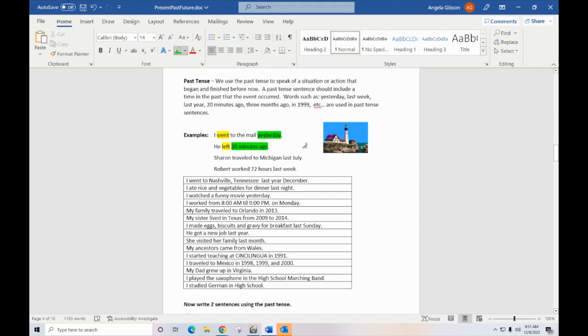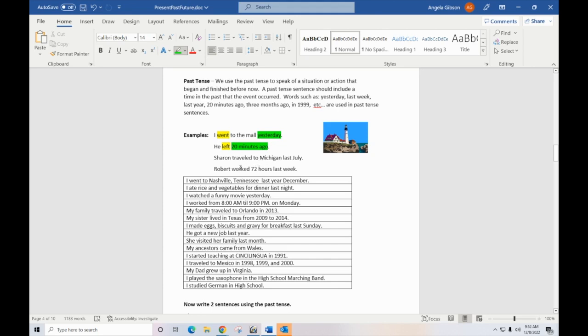And the time in the past tense sentences is very important because even if you make a mistake with the verb, because you have the time, the person listening to you will understand when the action occurred.